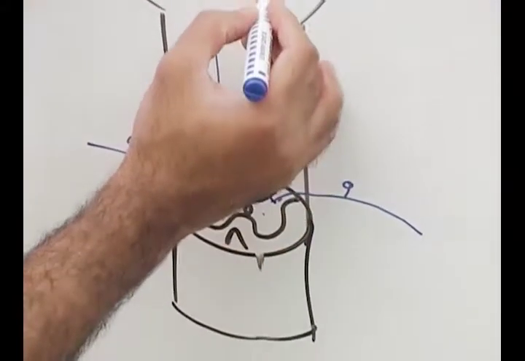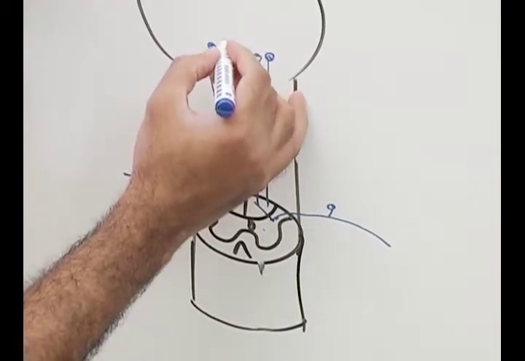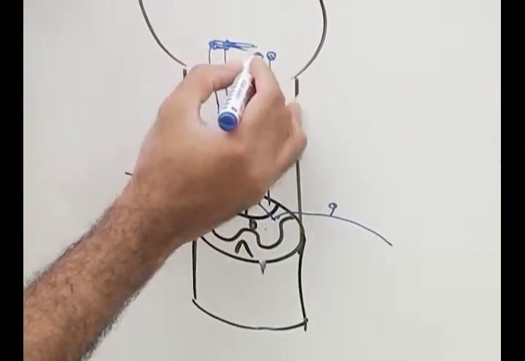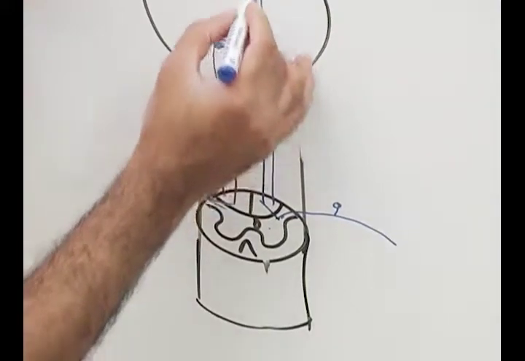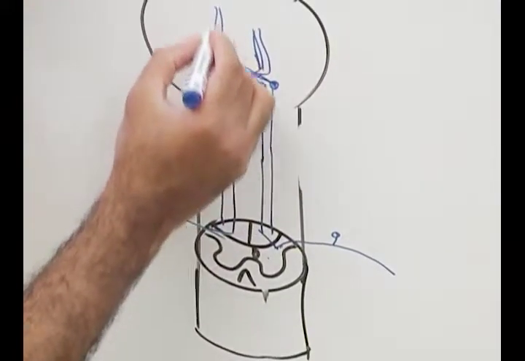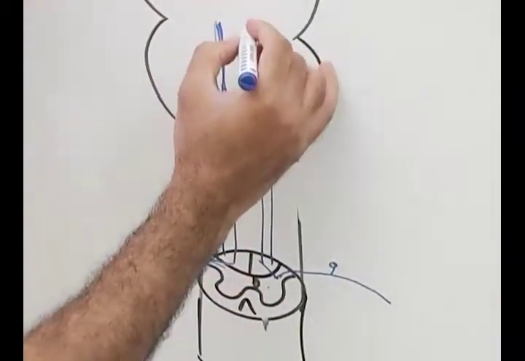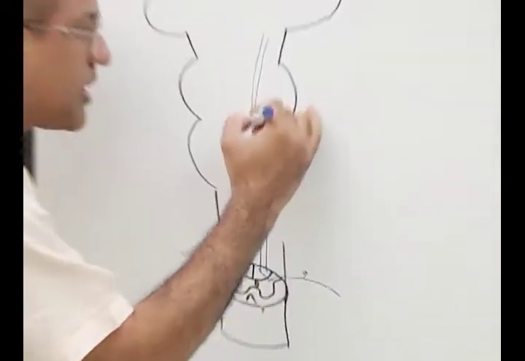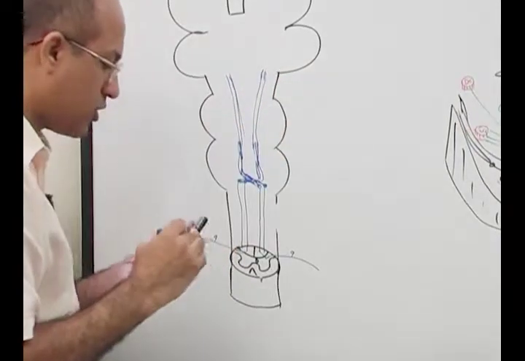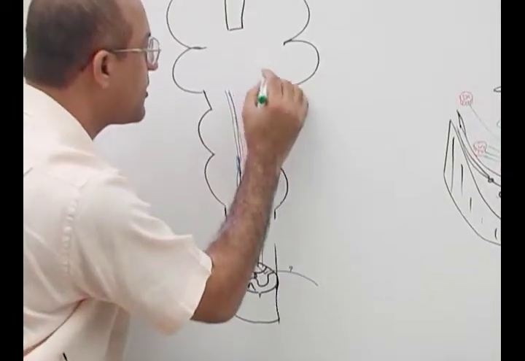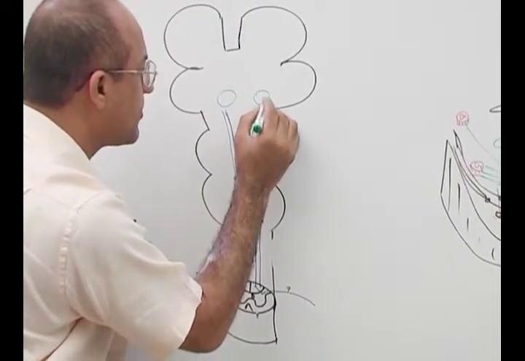These fibers are going to nucleus gracilis and cuneatus in the medulla. From there they will cross as internal arcuate fibers, and then they are going upward as medial lemniscus, until it reaches the ventroposterolateral nucleus of what?